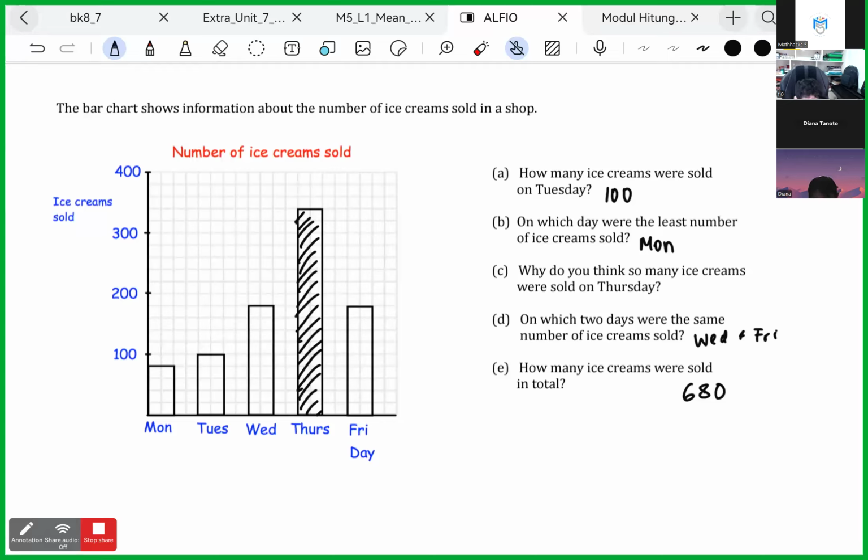So it's 80 plus 100 plus 180 plus 340 plus 180. Okay, it's 180 plus 180. 340.